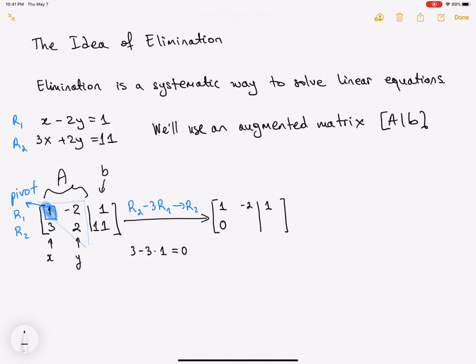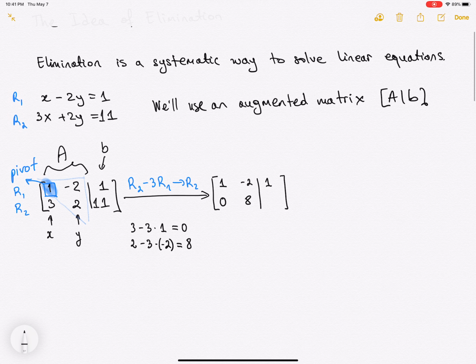So I have R2, that's a 2, minus 3 times R1. Well, R1 is a negative 2, equals, so that is 2 plus 6, that's an 8, and that 8 goes right here. And then I'm going to do that computation in B. So I have 11 minus 3 times a 1, and that's equals 8.